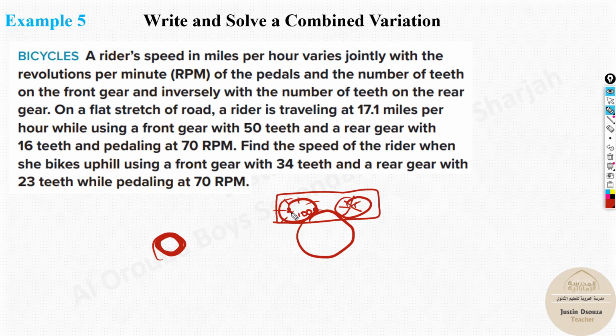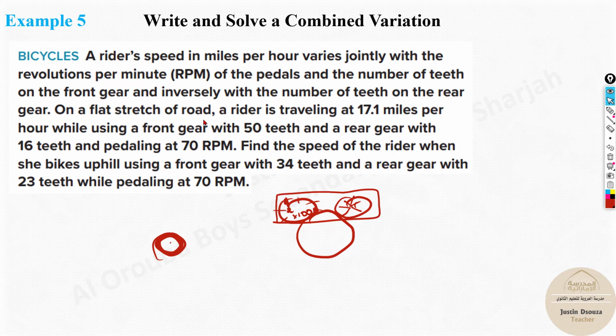So that gives you RPM, rotations per minute. When you accelerate at once, it'll go high, about 3 or something. That means the tires are rotating 3000 times per minute. So that's about RPM. Now here, the speed varies with the number of teeth of the front gear and inversely with the number of teeth on the rear gear.